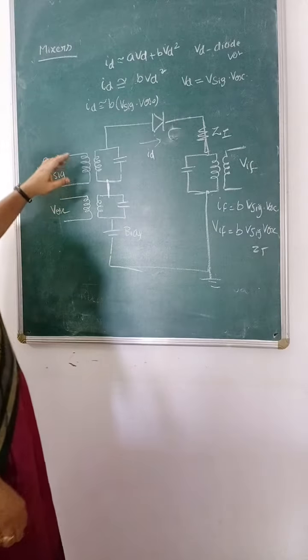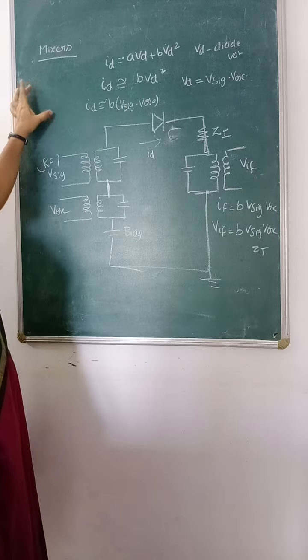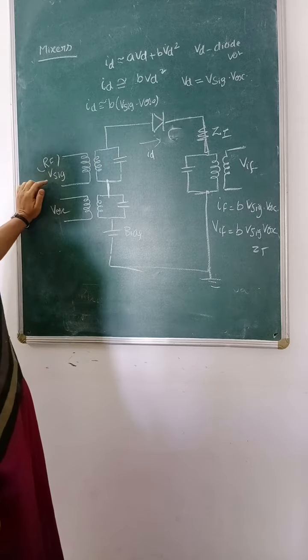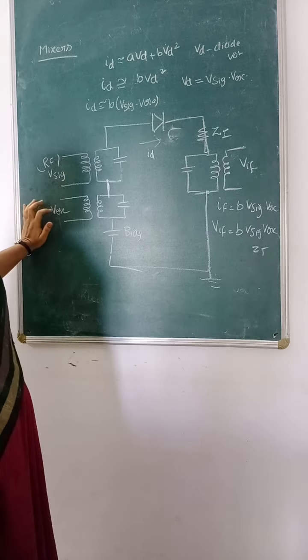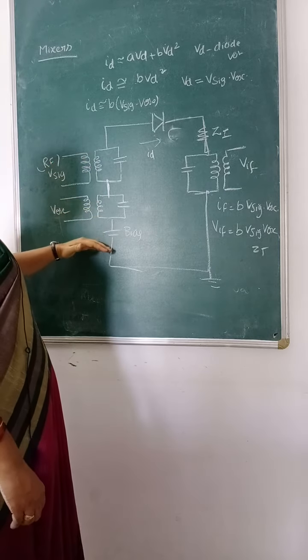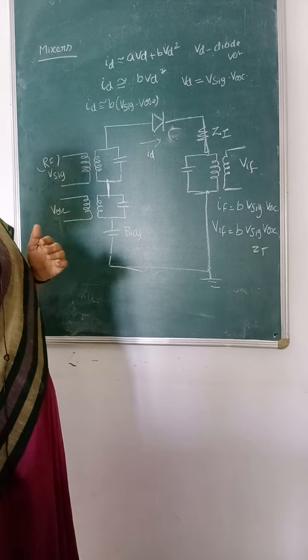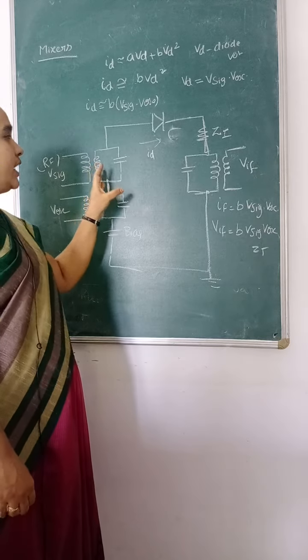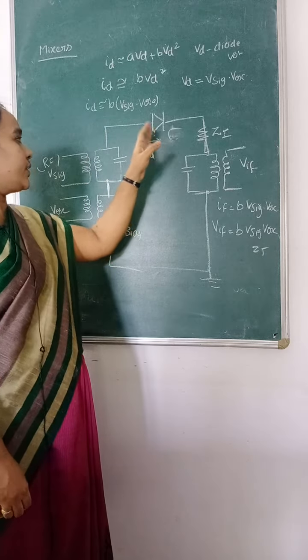Simple one. So the diode mixer is constructed with the help of a diode in series combination with the signal voltage, the oscillatory voltage and the bias voltage, which are connected in series. Due to this voltage, a current is generated in the diode.